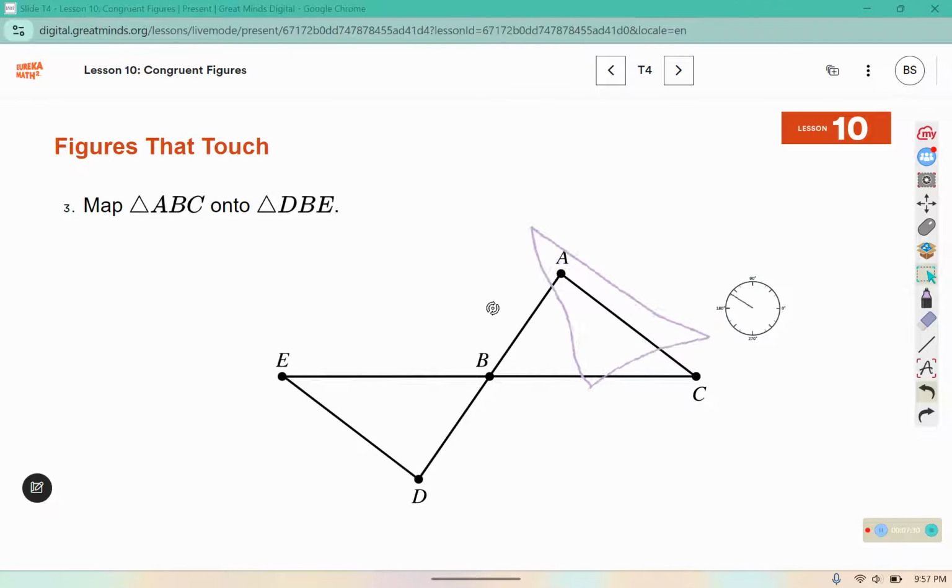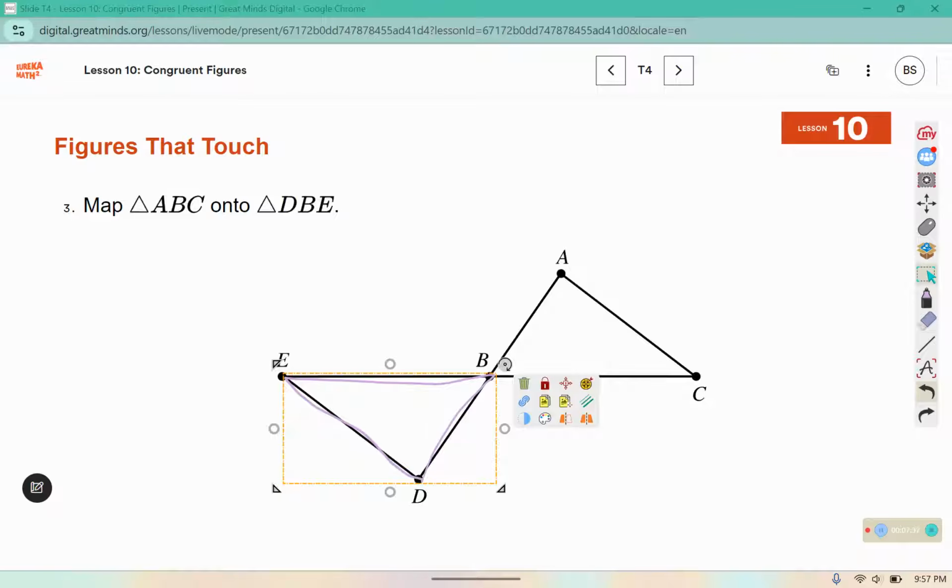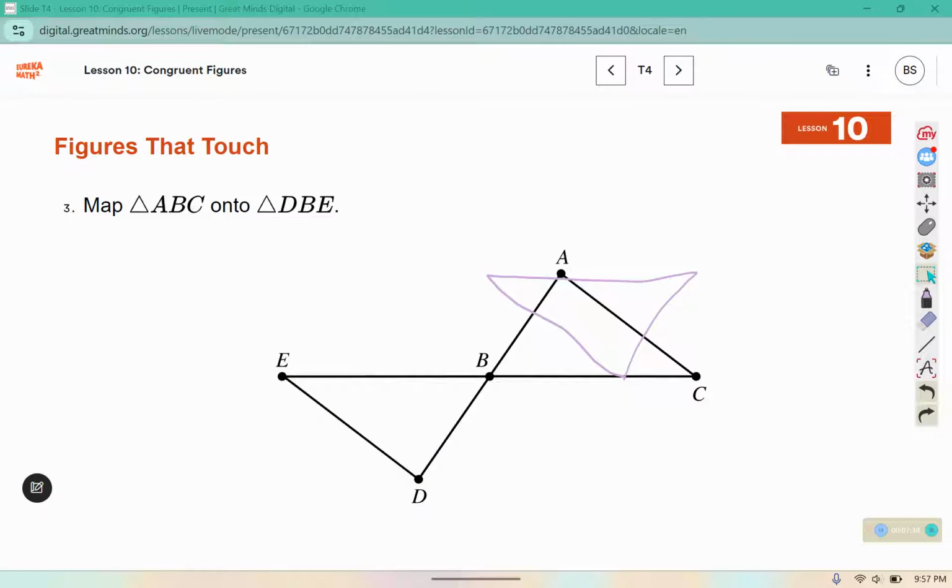And you can see that rotation on the side there in that circle. Rotate 180 degrees. And where would we place our pencil? We need to rotate around point B in order to stay with B lining up with B.